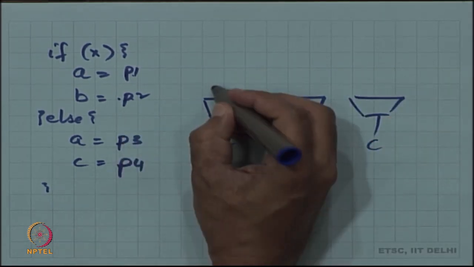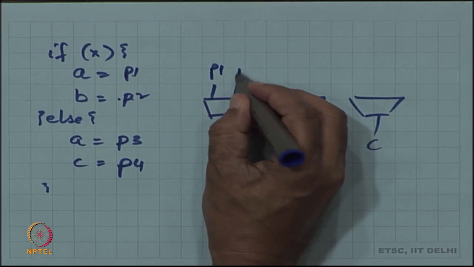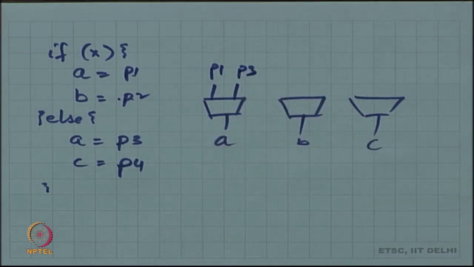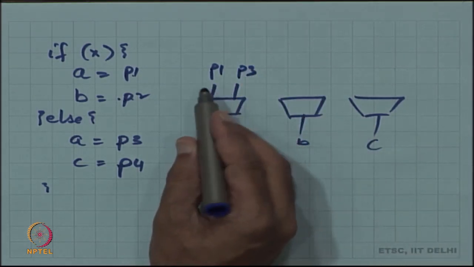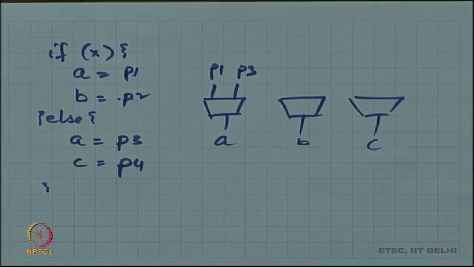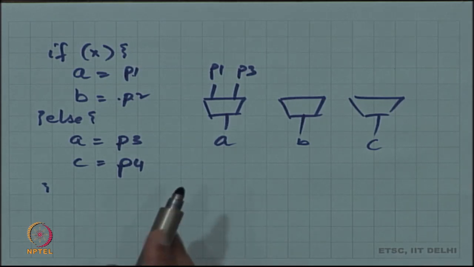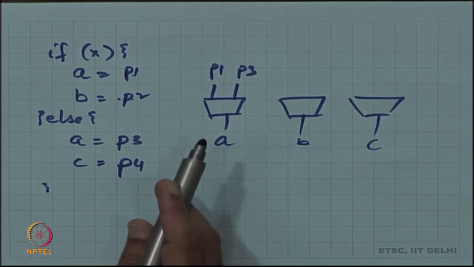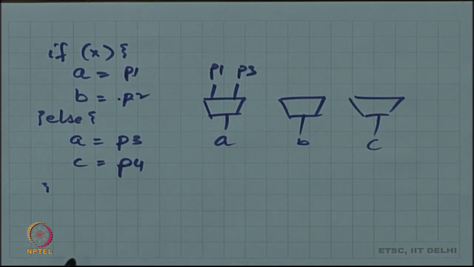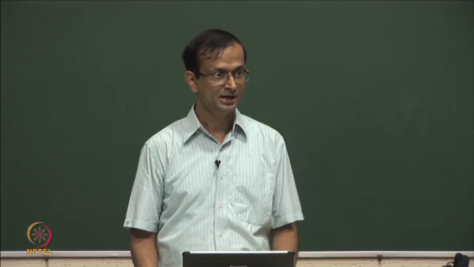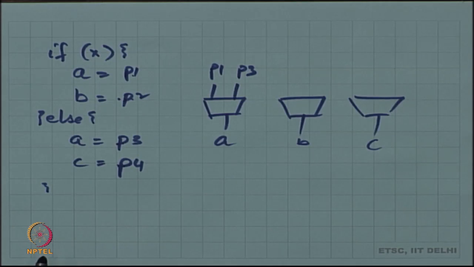So, for A, I would structure it like this. These are muxes, and P1 and P3 are computed separately, and one or the other goes into A. There is the question of what we do about the redundancy here. We should be evaluating either P1 or P3, but if you create hardware like that, then you are evaluating both P1 and P3.